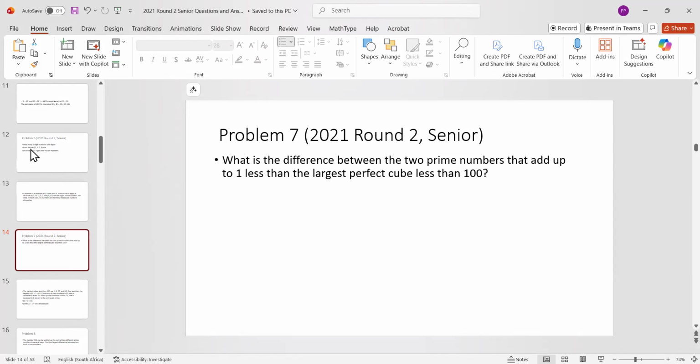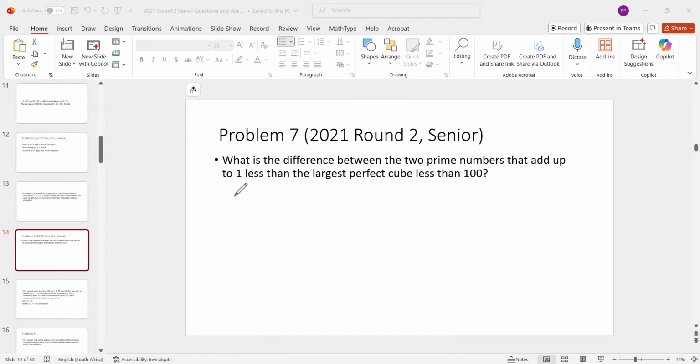Problem 7 says, what is the difference between the two prime numbers that add up to 1 less than the largest perfect cube less than 100? Let's try to make life a little complicated here. First let's understand the largest perfect cube which is less than 100.